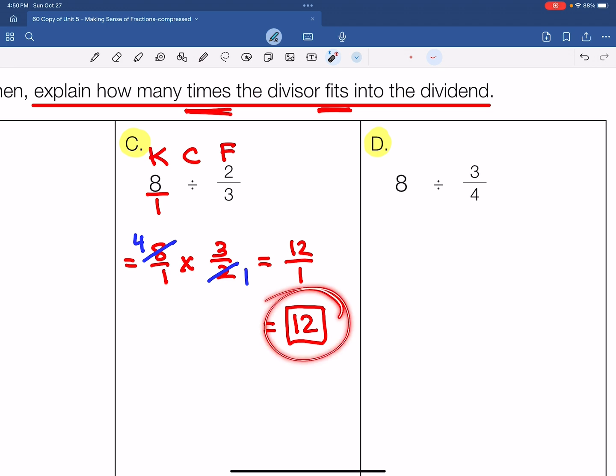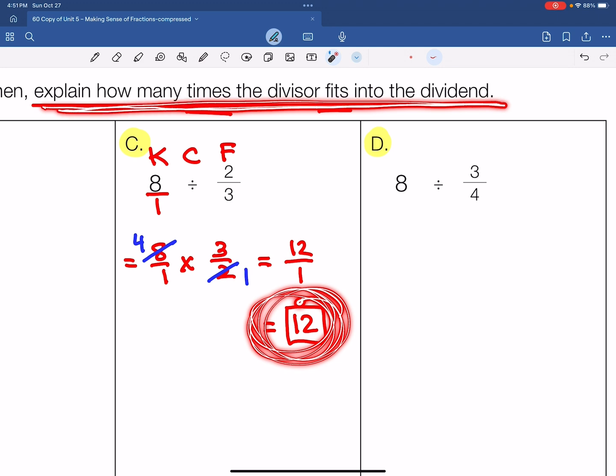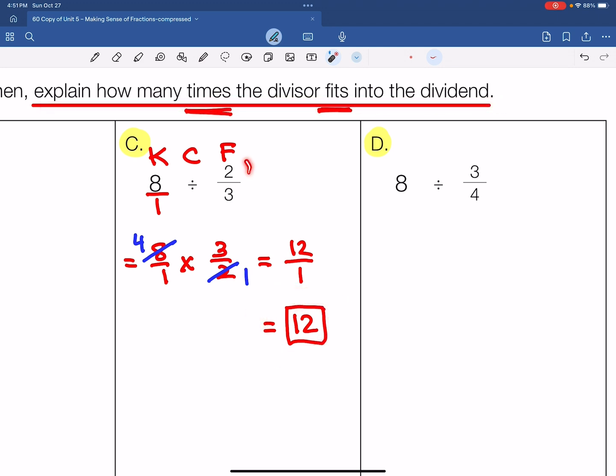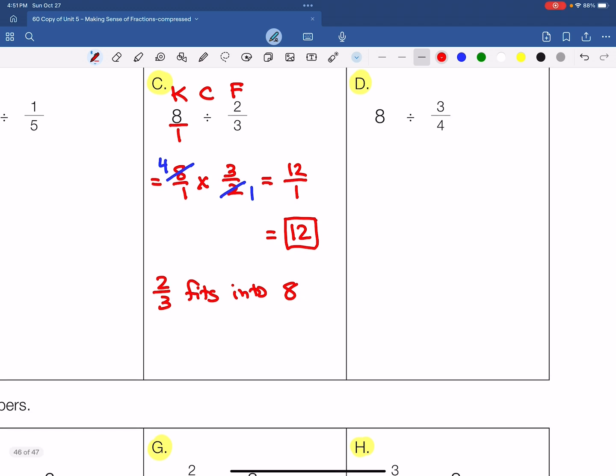But what does this 12 mean? So we need to explain how many times the divisor fits into the dividend. We know that 2/3 does fit into 8. How many times? It fits 12 times. Let's write it down. 2/3 fits into 8 12 times.